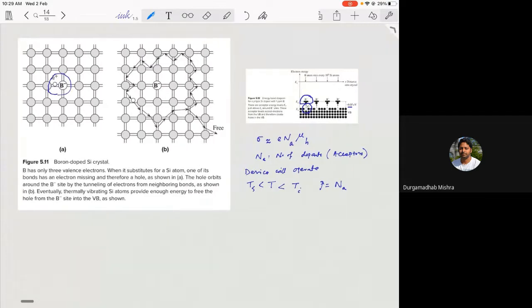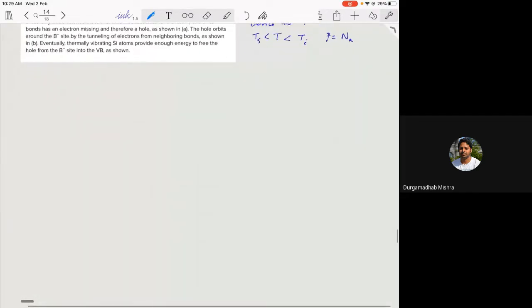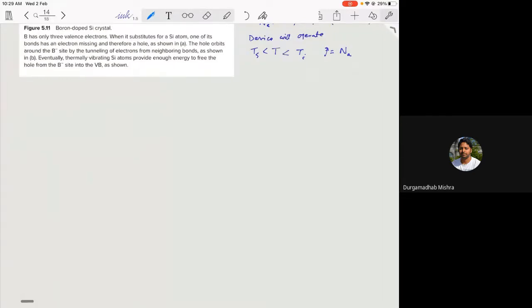In most cases, even if we are talking about an extrinsic semiconductor, the number of electrons, n, and number of holes, p, are very small compared to the number of states available in the conduction band and the number of states available in the valence band.